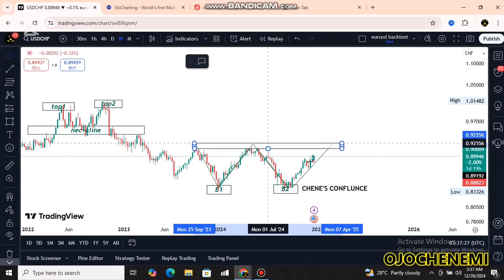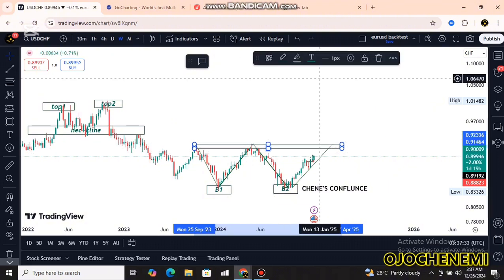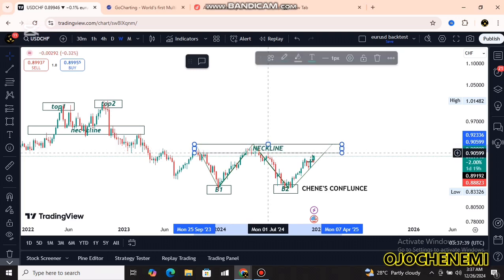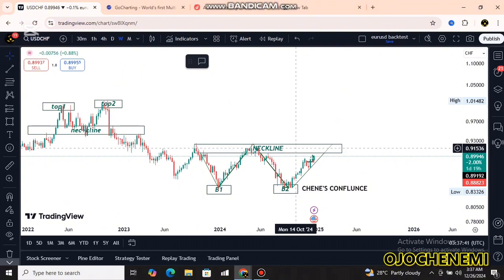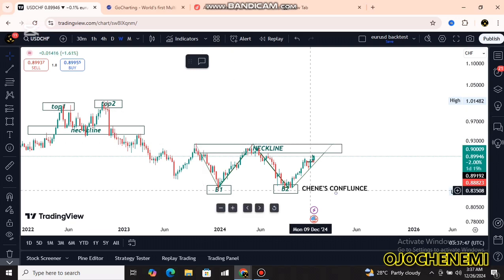I'll show you something right here real quick. So we are going to take here as our neckline of the double bottom right here.